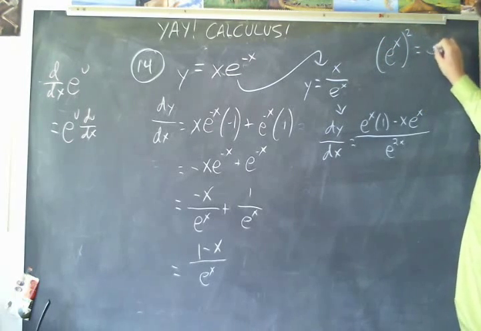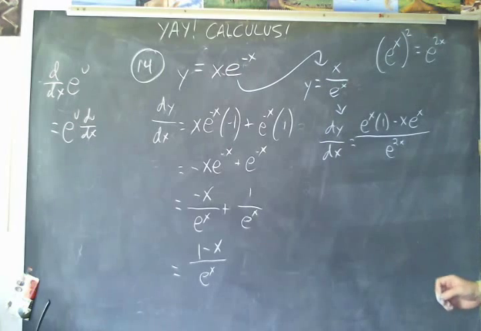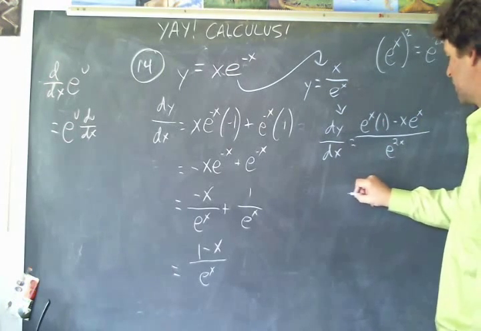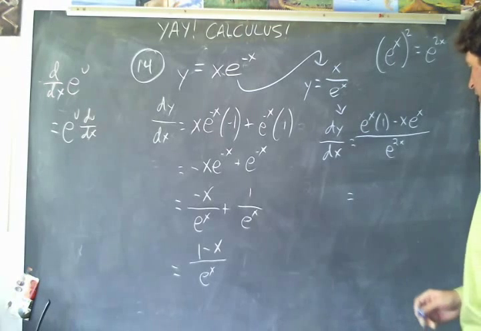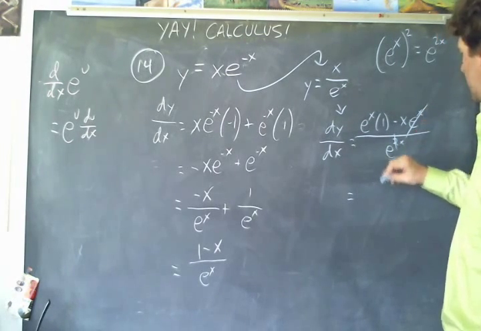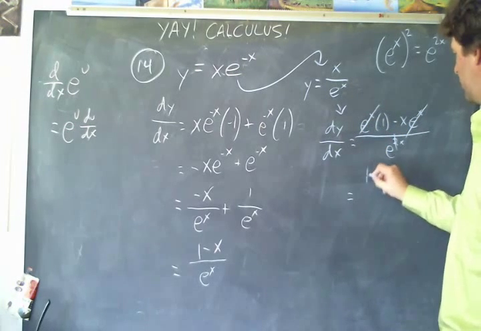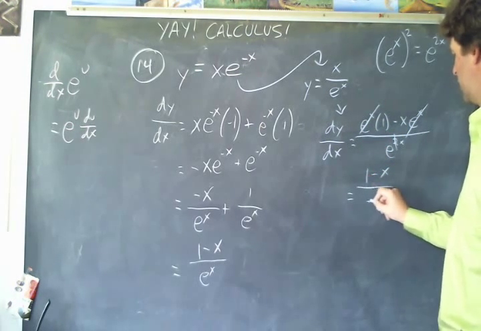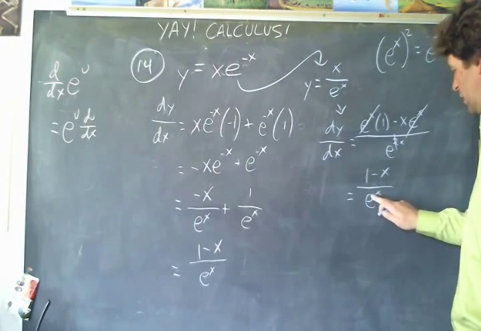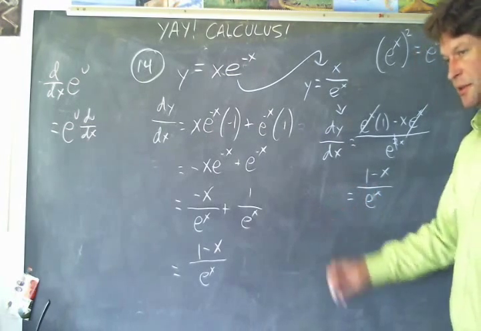By power rule equals 2x. We have an e to the x in each one of these terms, so we can cancel them nicely, get rid of the 2, get rid of e to the x, get rid of e to the x, with 1 minus x over e to the x. We are vindicated that these are the same.